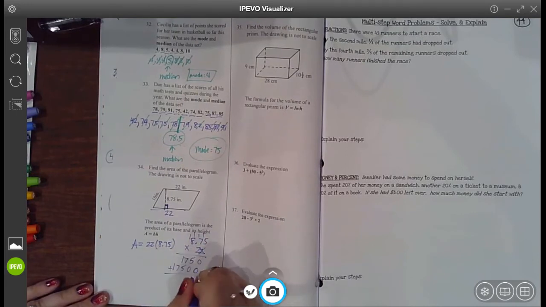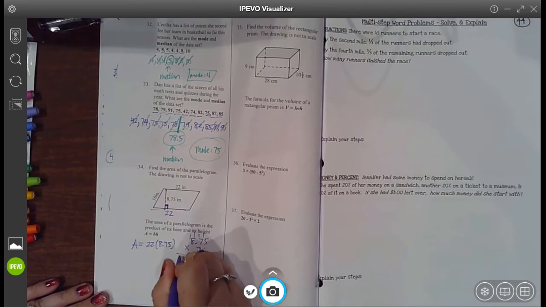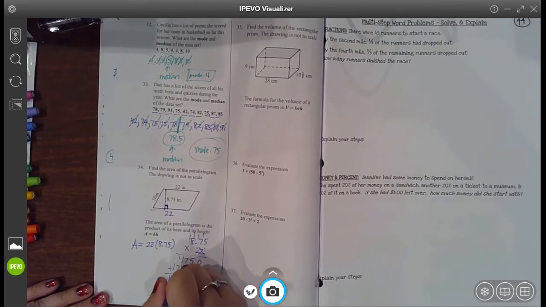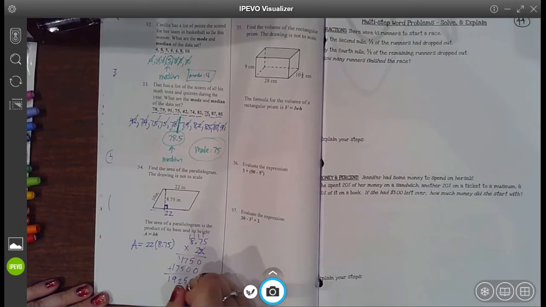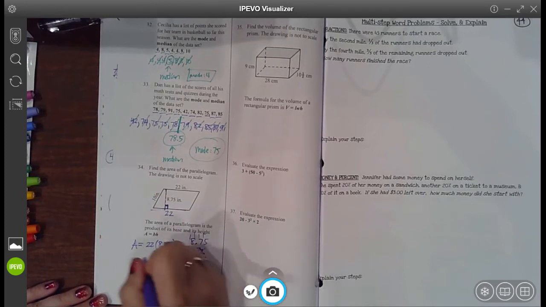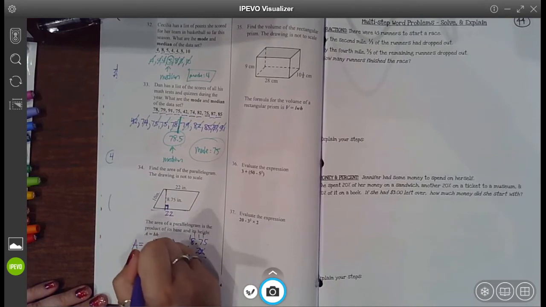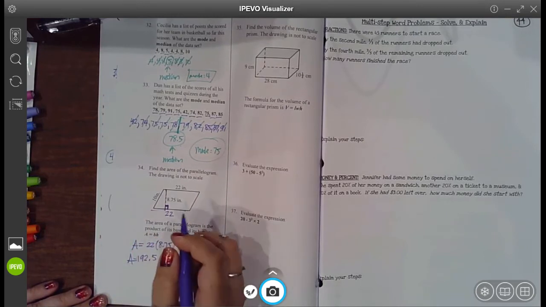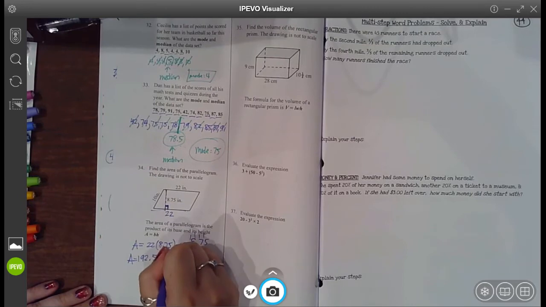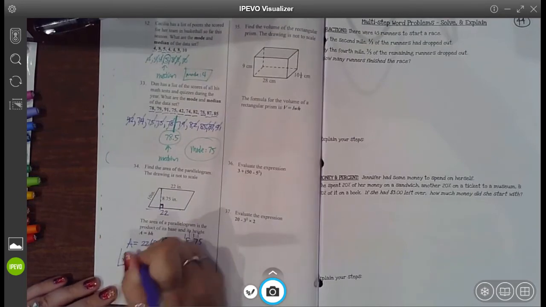Now add down. Okay, there's 2 numbers after the decimal, so I have 2 numbers after the decimal for your answer. And you get area is 192.5. It was in inches squared, because area is always squared.